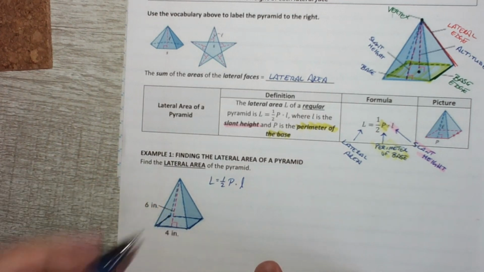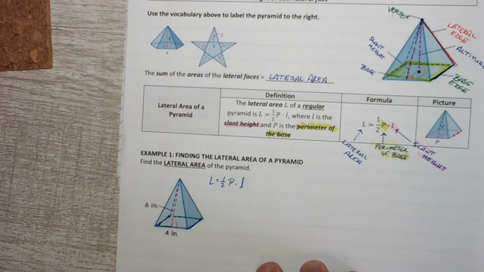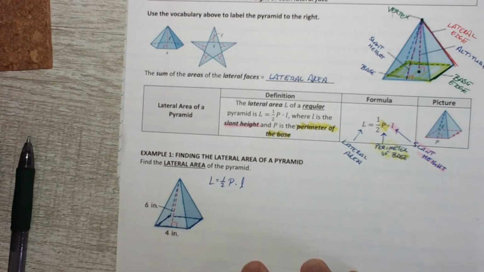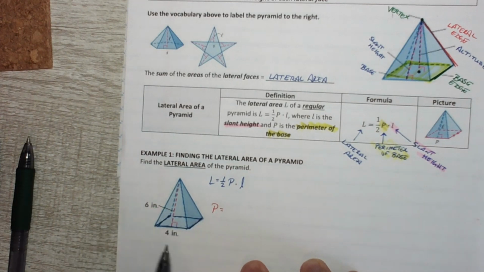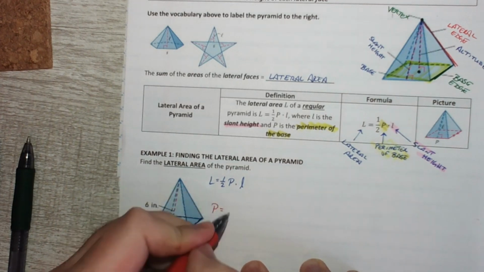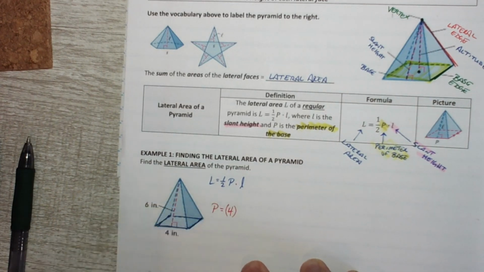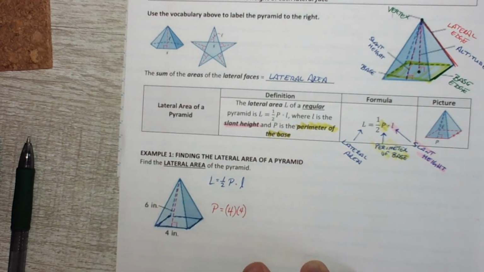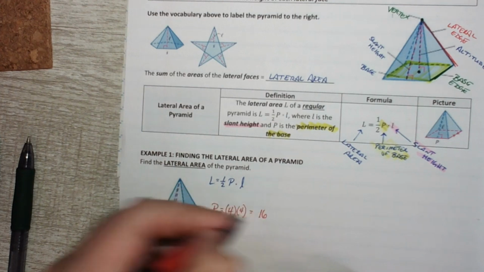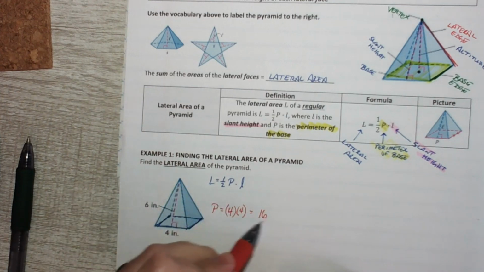So we're going to take this 4, and since there are 4 sides, you can add 4 plus 4 plus 4 plus 4, or we could just take 4 times 4 and get that the perimeter of that base is 16.